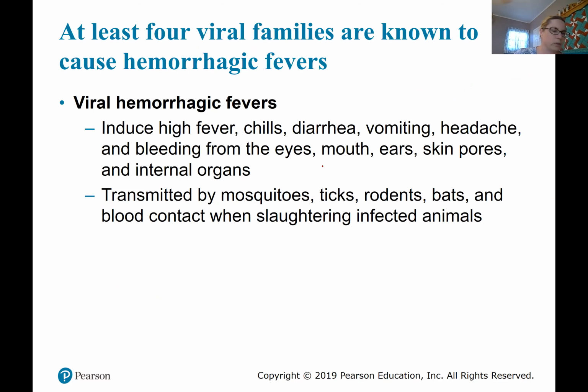Next, we'll get into some of the viral hemorrhagic fevers. Okay, so these were West Nile, Zika, and so forth, the yellow fever, or the arboviruses. These are a class of viruses called hemorrhagic fevers. And hemorrhagic, as you probably can guess, if someone is hemorrhaging, they're bleeding.